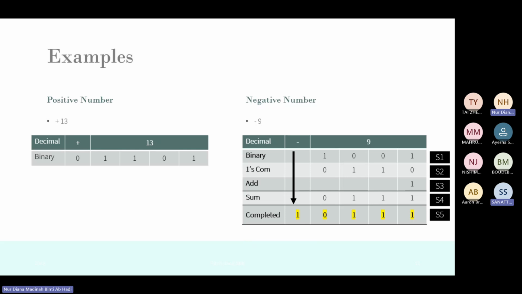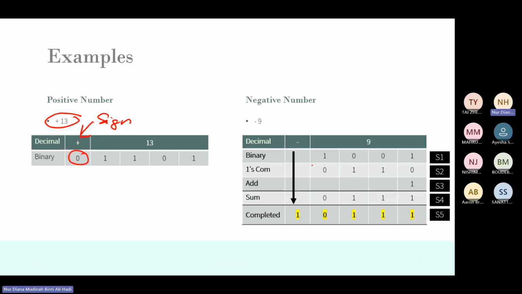As for now, we have our positive values. For example, I give 13. Do you still remember how we convert 13 into binary? If yes, you just convert it as usual. It's just that you add another column for your sign. If the sign is positive, we put 0.